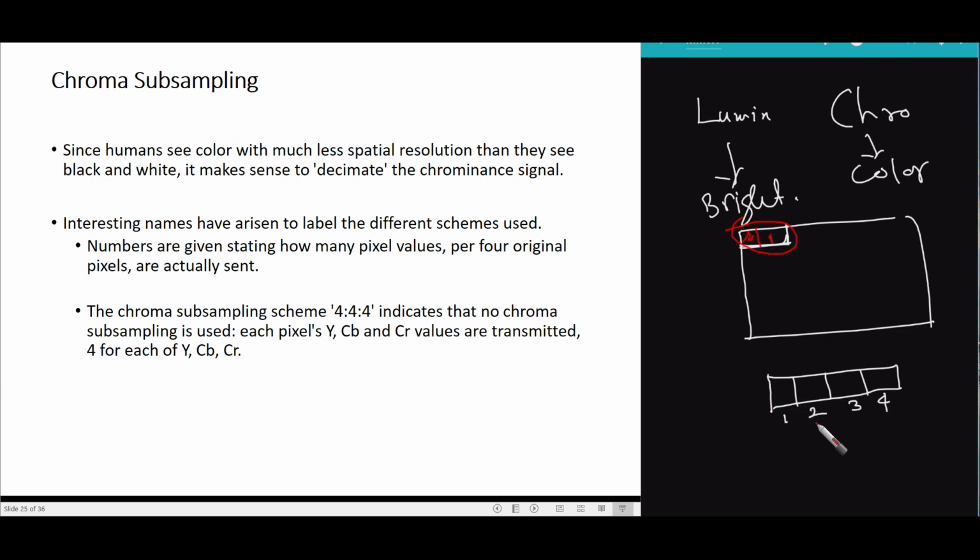So what we do, we can transmit this brightness information for each pixel. But how about the color information? Let's say this pixel is red color. Okay, this is red color. And let's say this pixel is blue color.